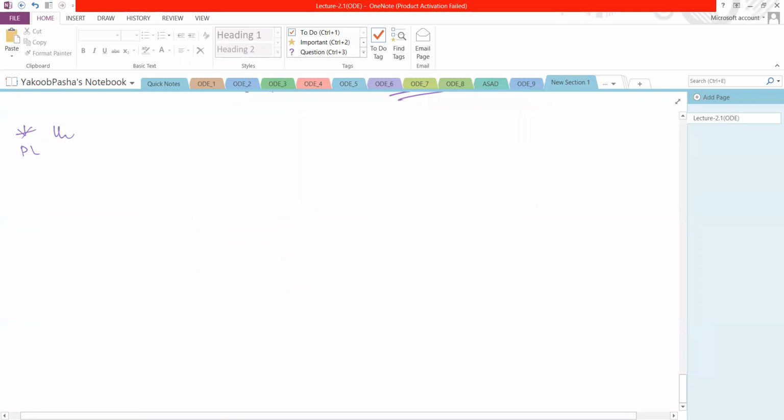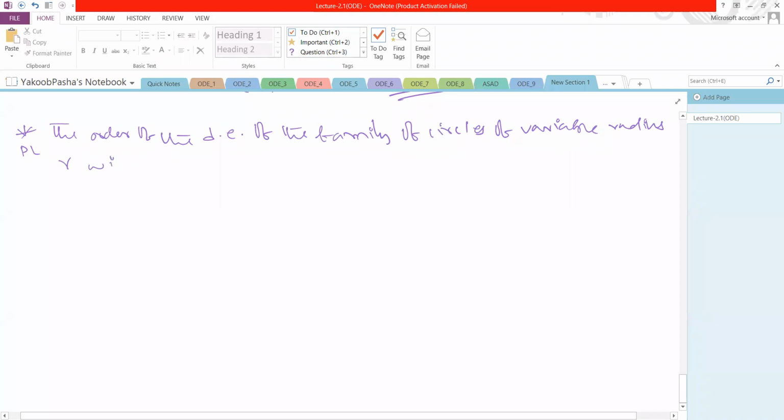The order of the differential equation of the family of circles of variable radius small r with centers on the x-axis.